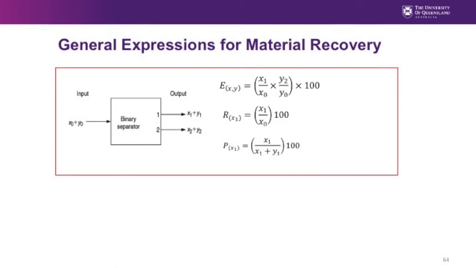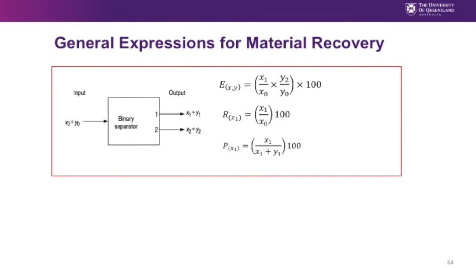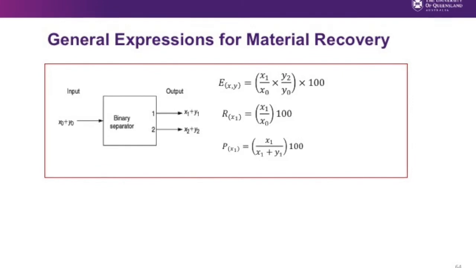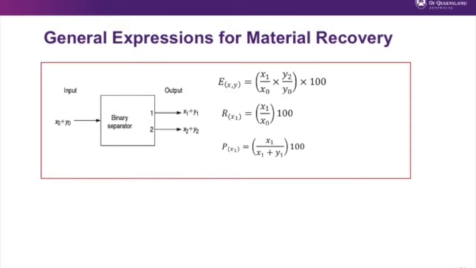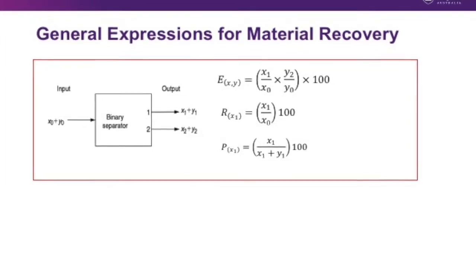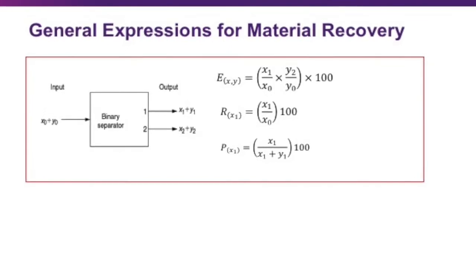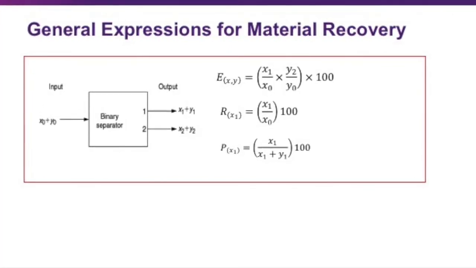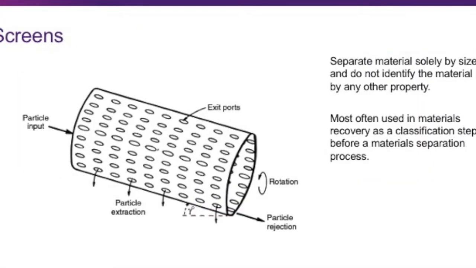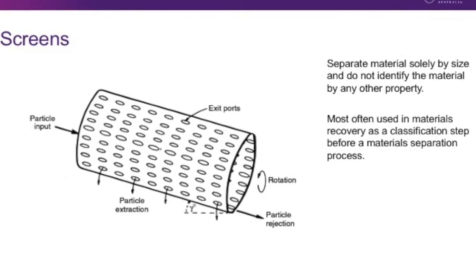So the general expressions for material recovery are, as you can see, simple equations that are based on mass balances, and those are the ones that we're going to use to make some calculations and getting efficiencies, and also discussing these efficiencies against reduction of greenhouse gases or energy.